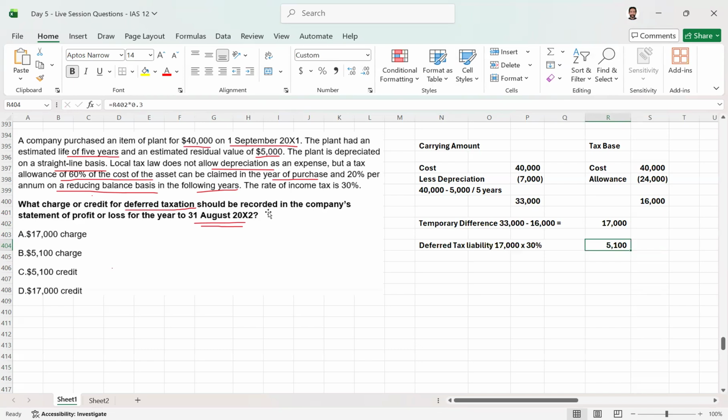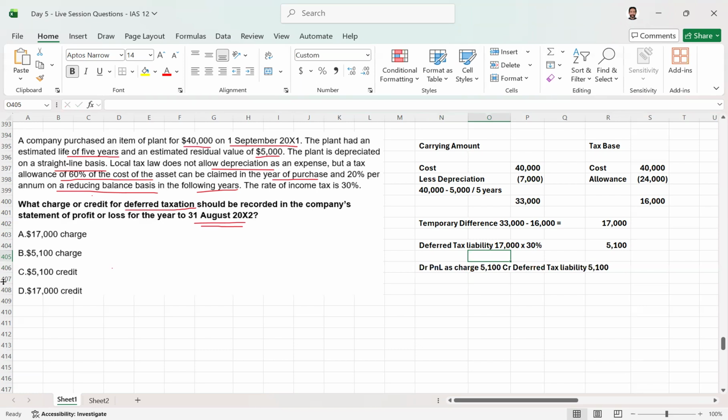Clearly, we know that if it's a deferred tax liability, it's going to be a charge. It's going to be debited to the profit and loss as a charge of 5,100 and credited as the deferred tax liability by 5,100. So this is how we conclude that it's a charge.